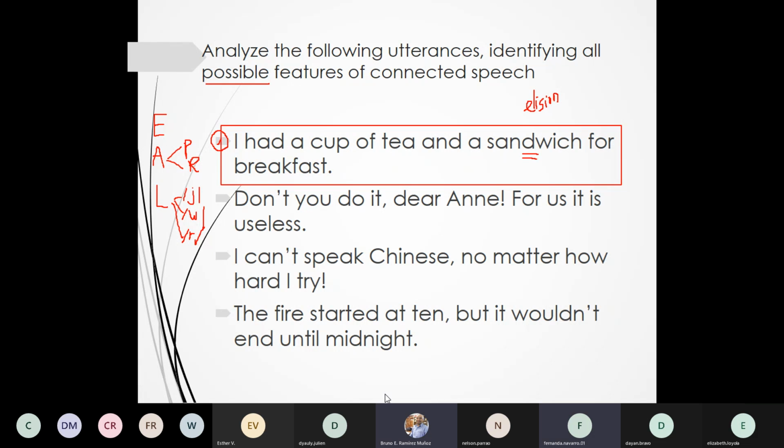No, go on. Okay, so in cup of tea, there's an elision. In of, there's no v. Of is a cup of tea. Okay, so in this one there is an elision.